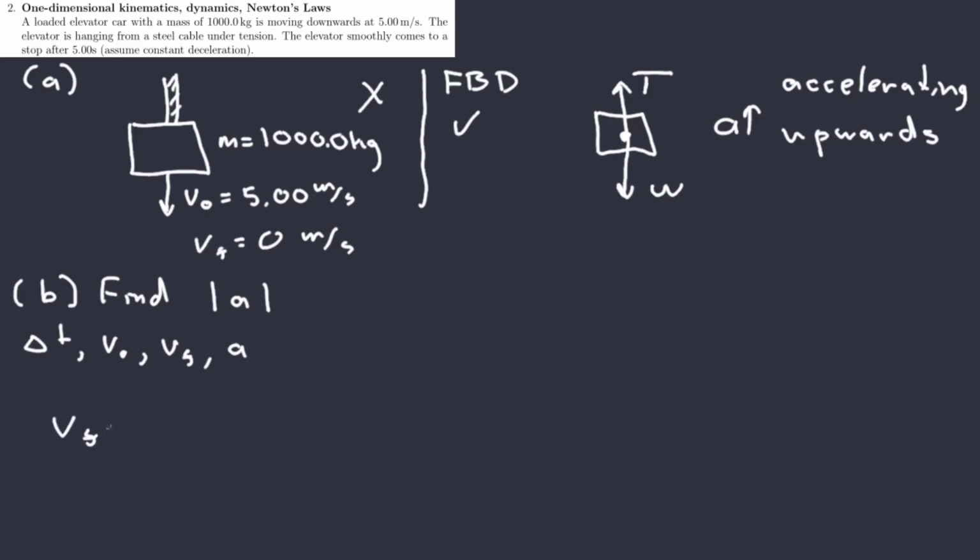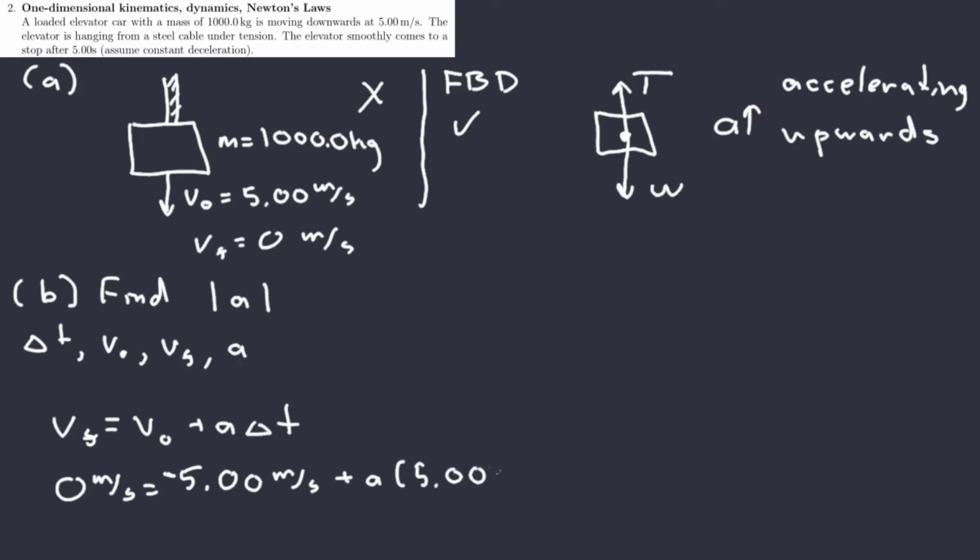So the equation that does that is v final equals v initial plus A times delta t. So we can just go ahead and plug our numbers in. V final is equal to 0. V initial is negative 5.0, and you'll see why the negative matters in a second, plus A times 5.0 seconds.